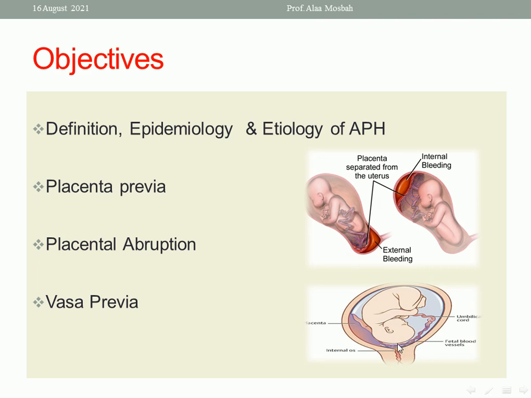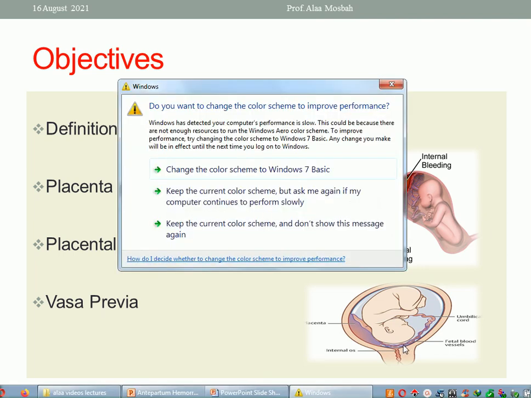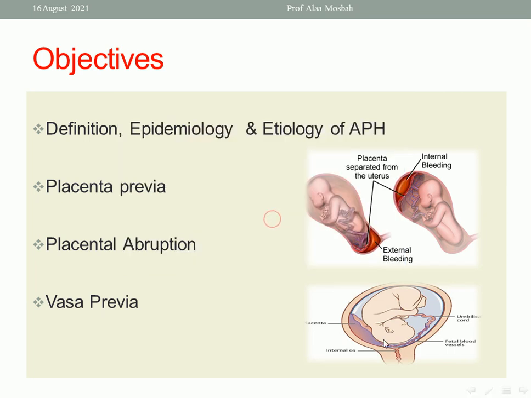And this fetal vessel, if ruptured due to rupture of membranes, will cause bleeding, and this bleeding will be of fetal origin, and may cause fetal death within a short time. Okay, so these are the most important causes. We can summarize again: the placenta previa in this picture, the placental abruption here, and the Vasa previa here.